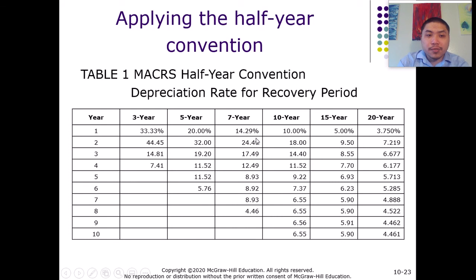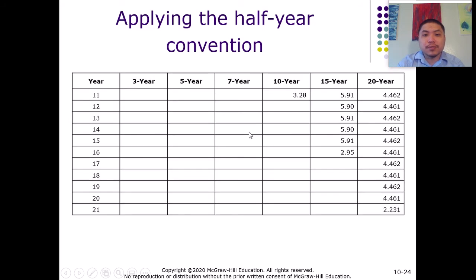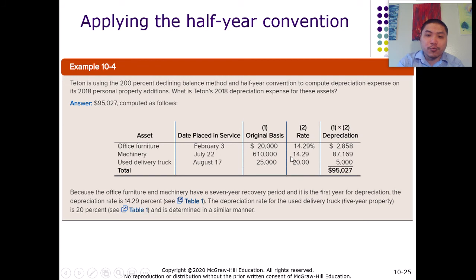So first year, 7 year, the percentage that we're going to apply is 14.29%. So the rate is 14.29%. Then to calculate depreciation expense, we just take the original basis times the rate, and that gives us the depreciation expense for office furniture.